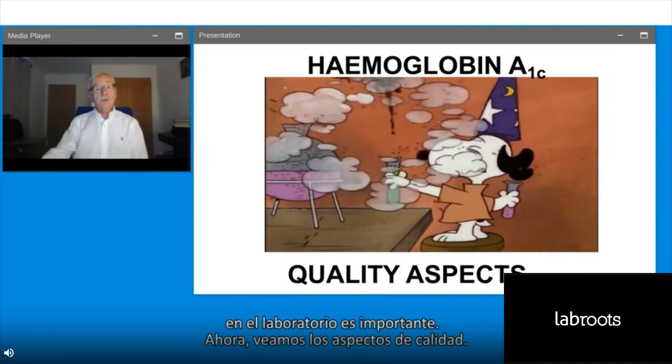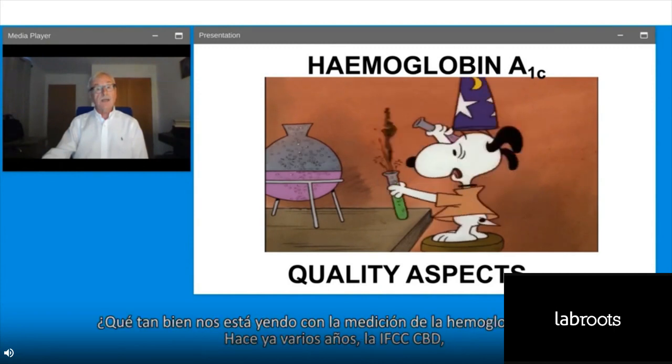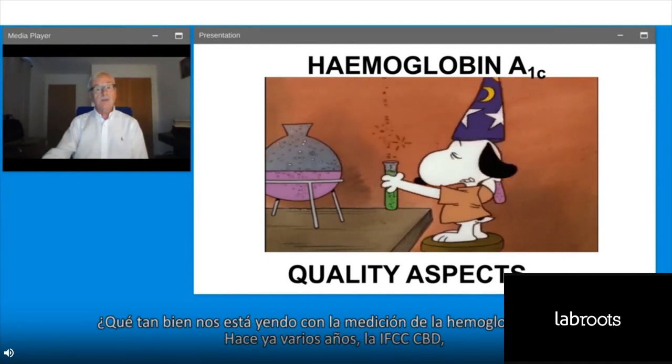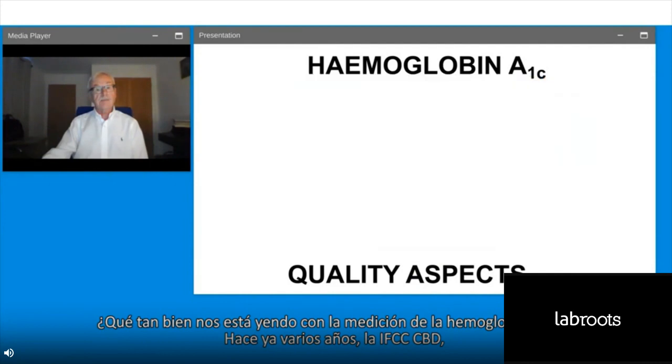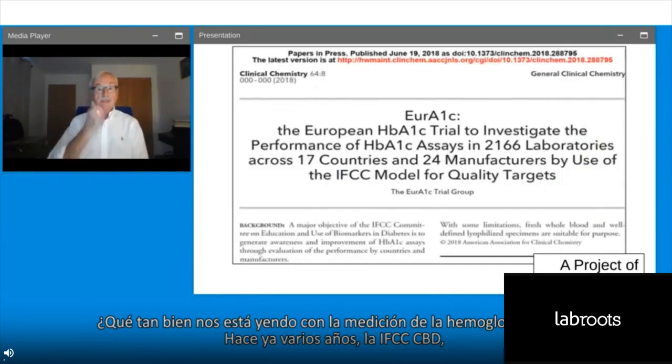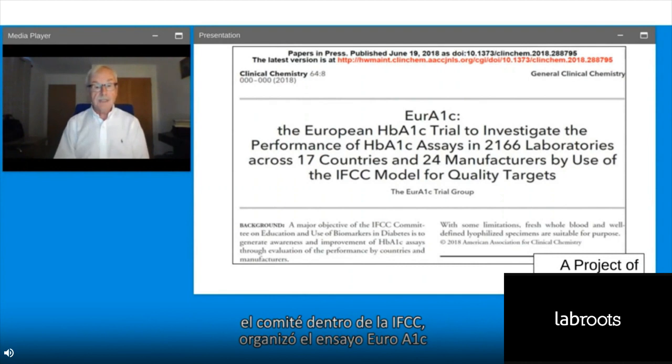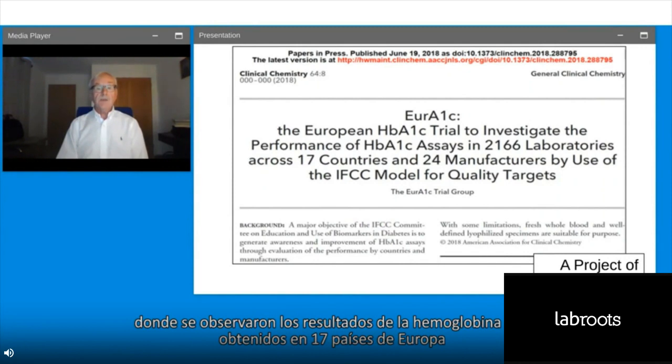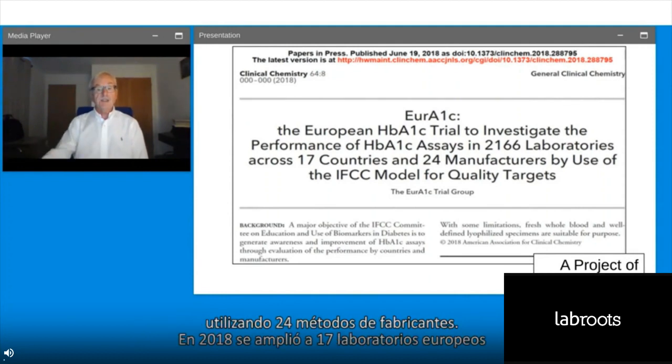So let's look at the quality aspects. How well are we doing with measurement of hemoglobin A1C? Several years ago now, the IFCC CUPD, which is a committee within the IFCC, set up a Euro A1C trial where we looked at hemoglobin A1C results produced across 17 countries within Europe using 24 manufacturer methods.